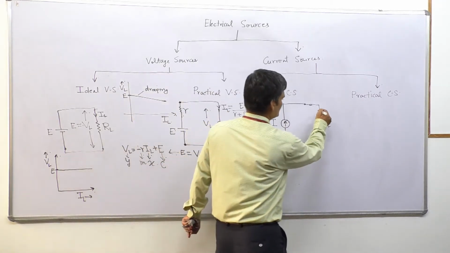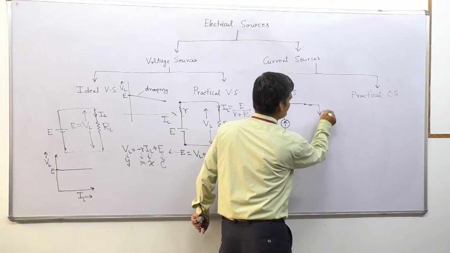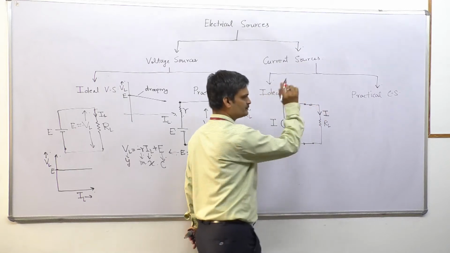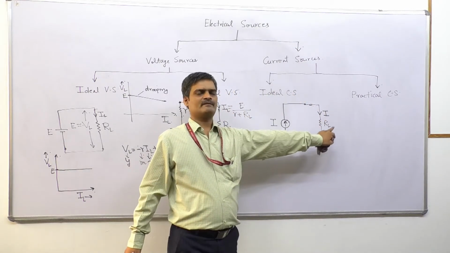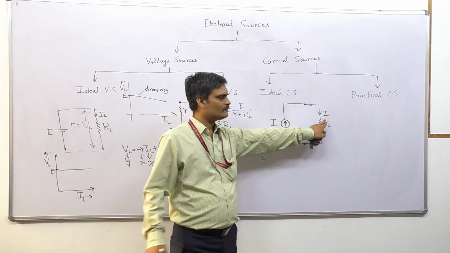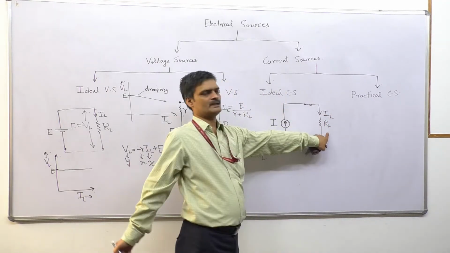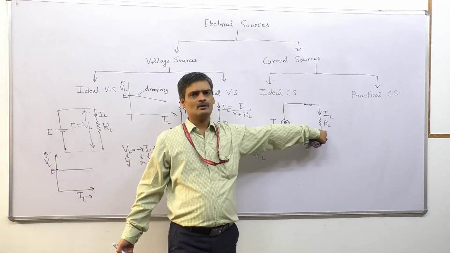So for an ideal source, whatever variations we are having in RL, the value of load current IL does not change with the change in the value of load resistance.